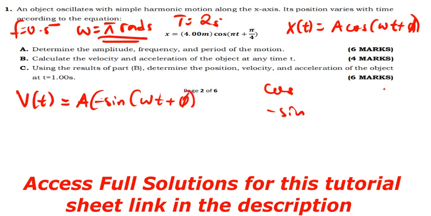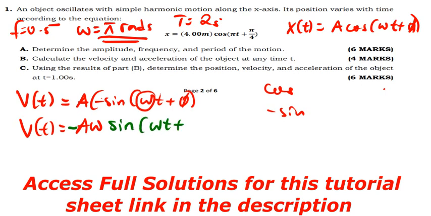Then this w has to come outside. So now the final will be v as a function of time, A times w, with that negative brought outside, so it will be negative A w sine(wt plus phi).